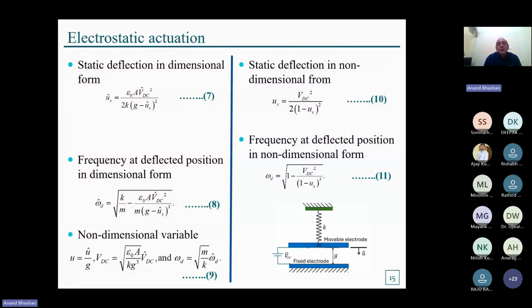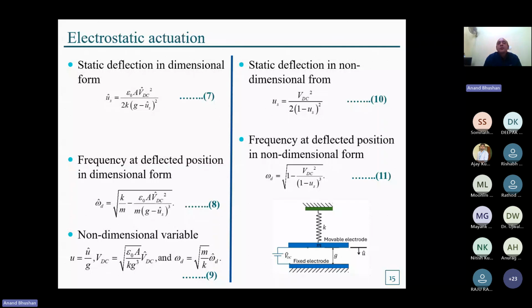So we can see here, omega D cap is the dimensional natural frequency, and omega D is the non-dimensional natural frequency. We non-dimensionalize with reference to the square root of a by m, and it is simply the natural frequency of this MEMS resonator at zero deflection.